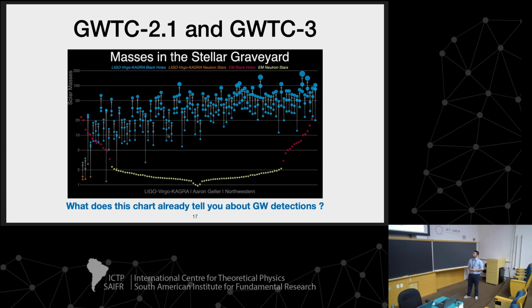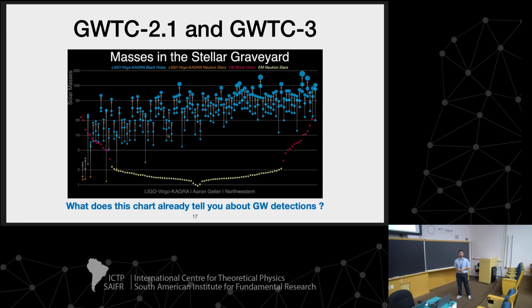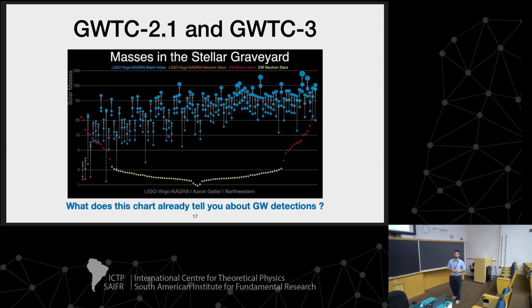And I think you can already say something about gravitational wave detections just by looking at this chart. A hint is that the events are ordered by distance. The one on the left is the closest to Earth, and the one on the right is the farthest from Earth. Can you try to say something about this chart?